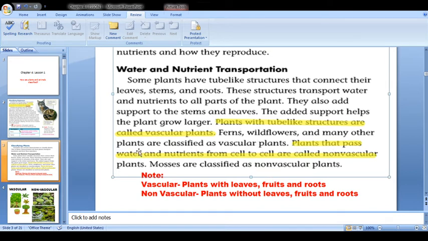Plants that pass water and nutrients from cell to cell are called non-vascular. These plants have cells, and they send the nutrients, the food, the energy to other parts of the plant, or to other plants, from cell to cell. What's a cell?